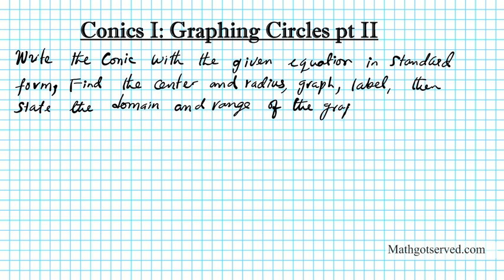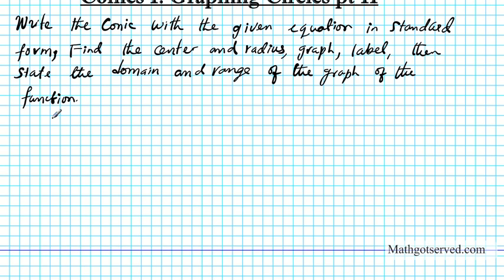Okay, all right, so for this problem we're going to consider example number 1, x squared plus y squared minus 4x plus 4y minus 1 equals 0.